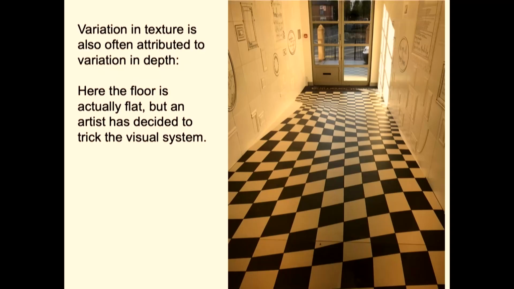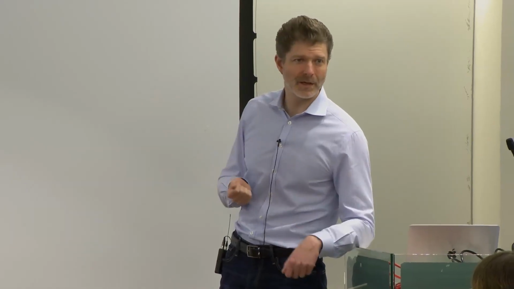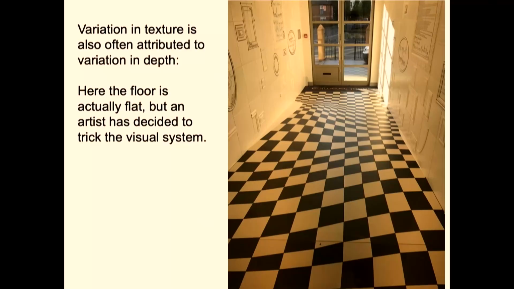But instead of interpreting this as what it is, a flat floor with a weirdly warped texture on it, you infer a situation where the shape of the floor is curved, and the texture is uniform and just pasted on the curved surface. Of course the inference is ill-posed, so you've got to have priors to constrain it. In this case, the prior is that the texture is uniform, because textures in the world tend to be uniform rather than having a weird, mottled shape.